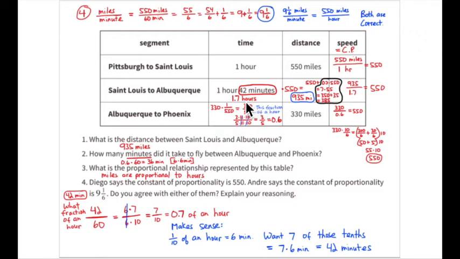All right, so again, you could just multiply this with a calculator, but challenge yourselves a bit. Do it without a calculator. So 550, that's the 1 hour, and then you're going to add that to 7/10 times 550. Well, 7/10 times 550, that's 7 times 1/10 times 550. That is the same as 7 times 55. Well, what's 7 times 55?